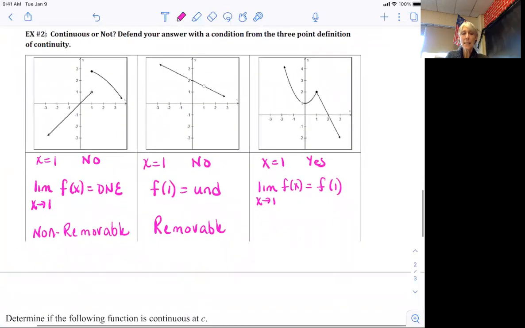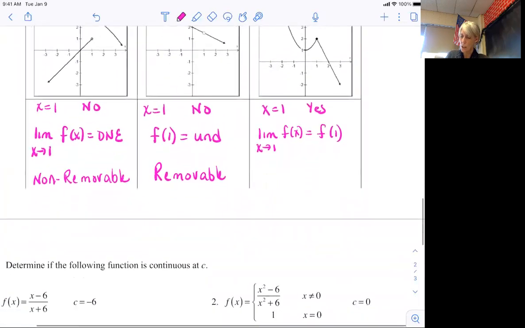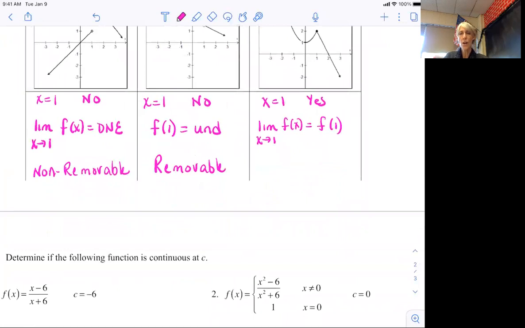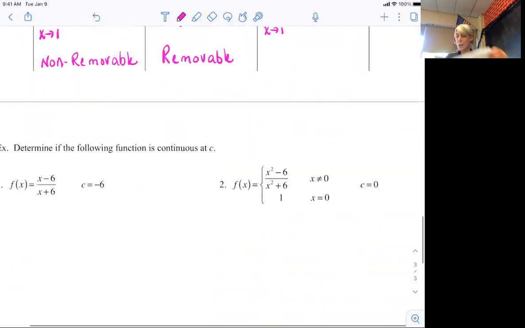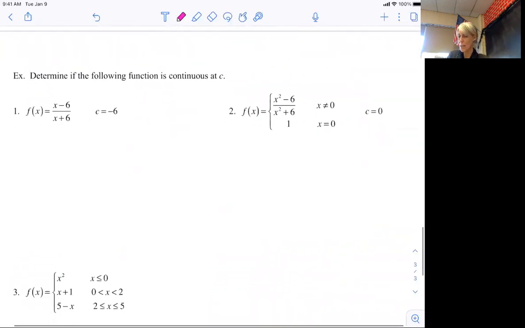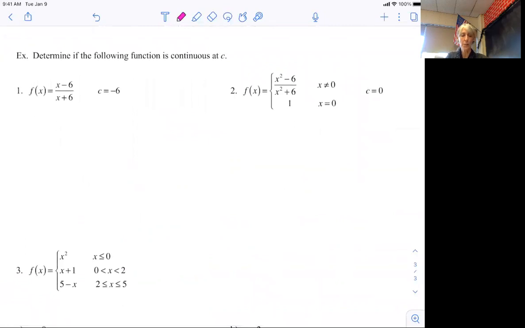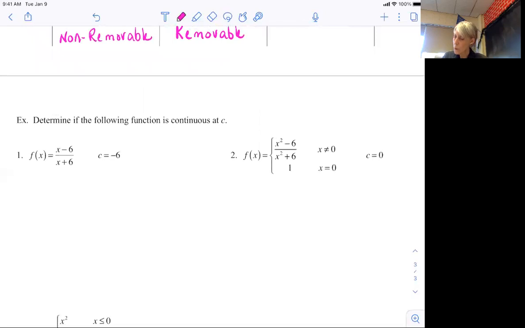It's pretty easy to see continuity on the graph of a function, because if you just think about not lifting up your pencil, it's easy to deal with. When we're dealing with algebraic situations, it sometimes gets a little bit trickier. So I just want to remind you, whenever we evaluate, we always plug in a number. We want to get an answer. Evaluate the limit.